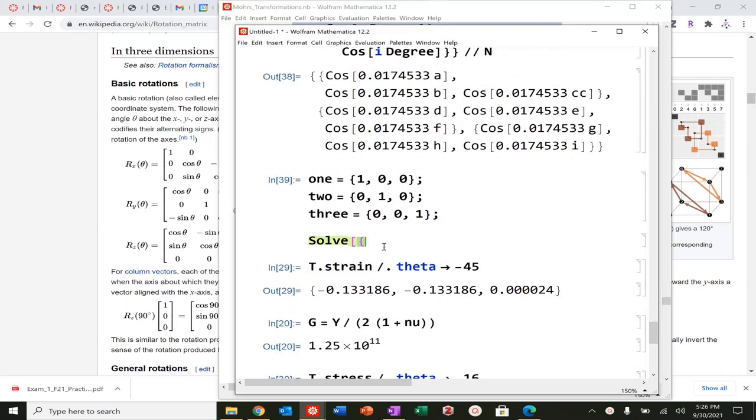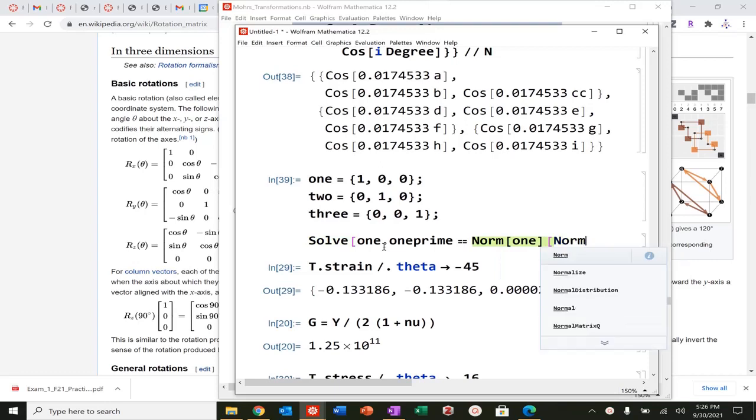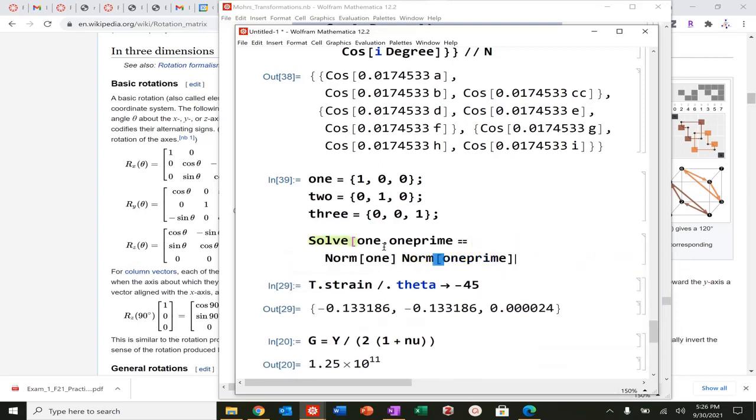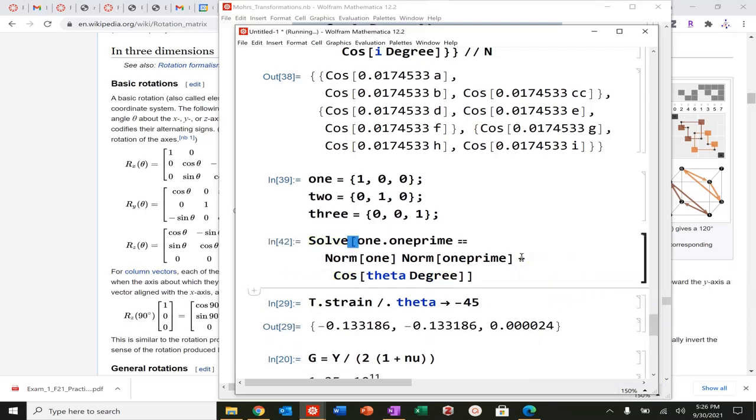So I need to solve 1 dot 1 prime set equal to the norm of 1 and the norm of 1 prime times cosine theta degree, and solve.